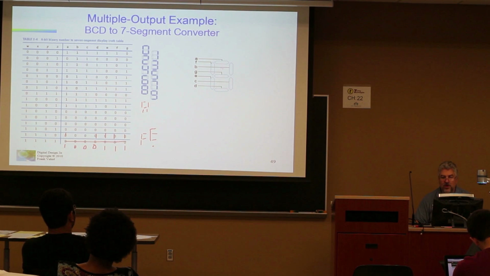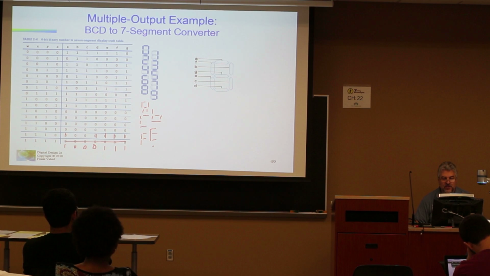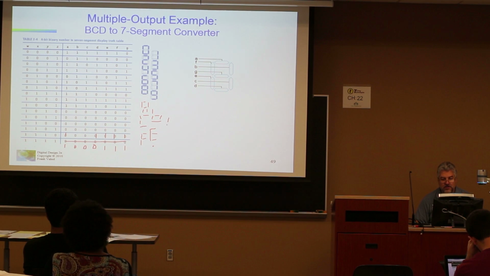You can't light all these because then it'll look like 8. So for B, we do the lowercase. C, we'll just do the full C. And then D is the other one that's kind of funky. See how this B kind of looks like a 6, but not quite. So a D is going to be like that, because otherwise it's going to look like a 0, right?